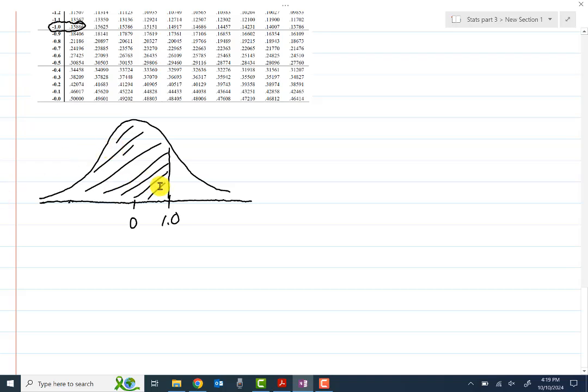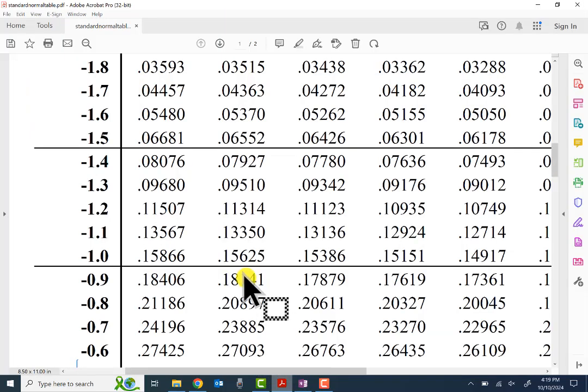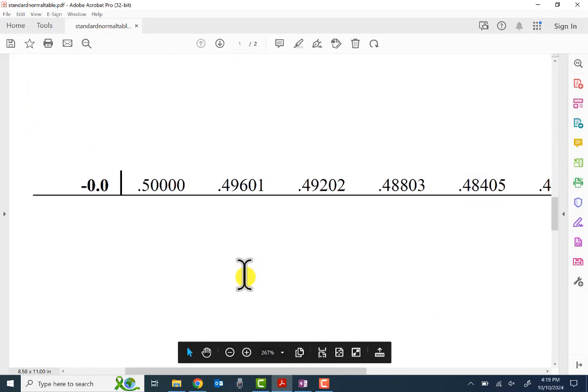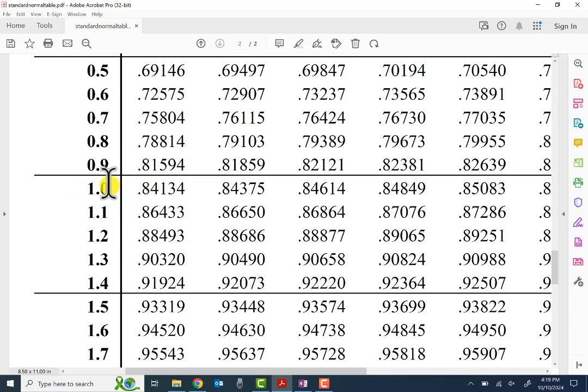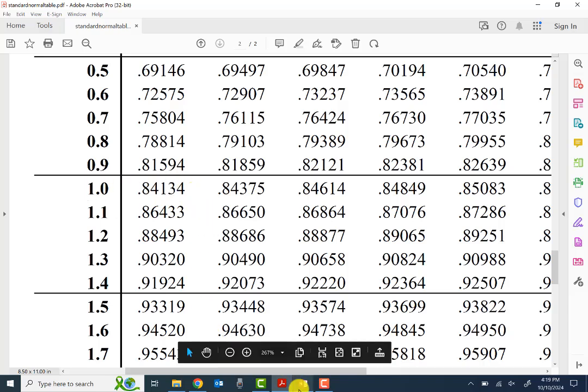So to go from negative infinity up to that z value, I'll use the other side of the paper, the one that deals with the positive values. So this time I want 1.0. Here we are, 0.84134.